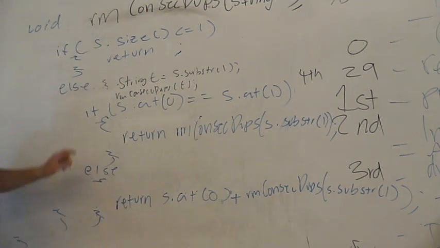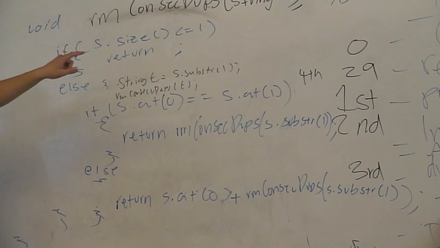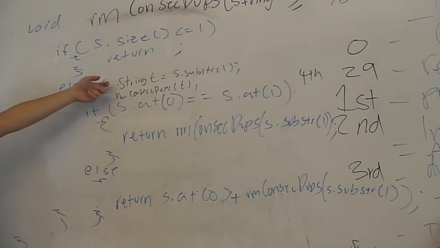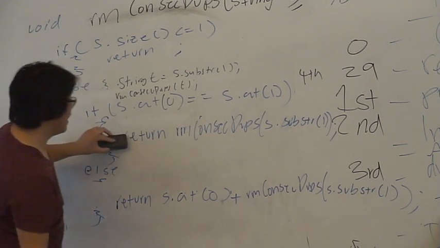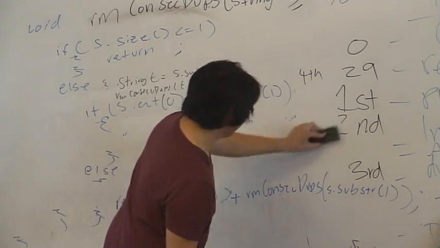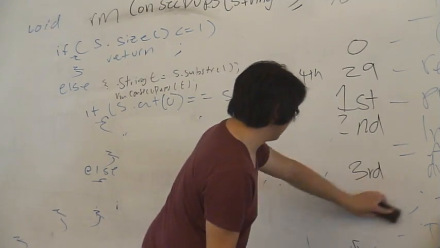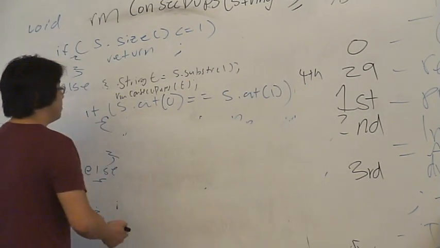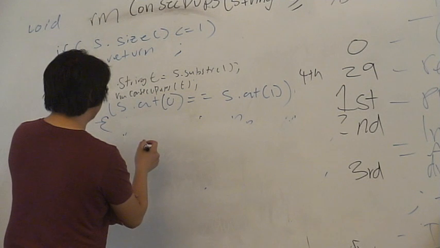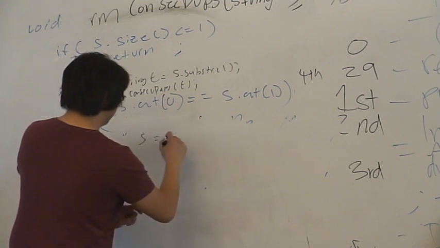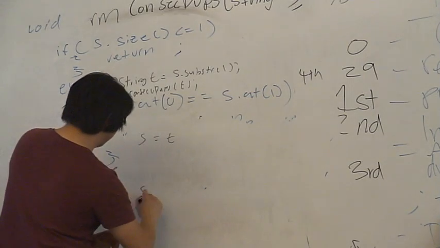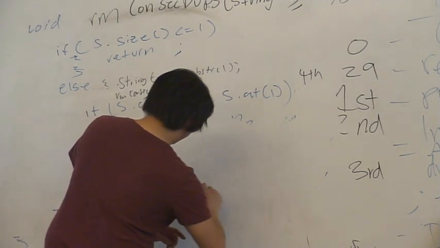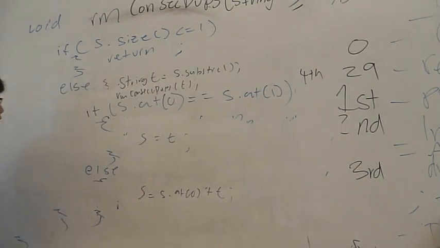Right? Because the whole point of the void version is that I'm just going to be changing the actual string itself. So I make a new one, call it some temp, and then I have to figure out whether that one has its missing parts or not. And then instead of returning, I have to set here. If that's correct, S is T, otherwise S stays.